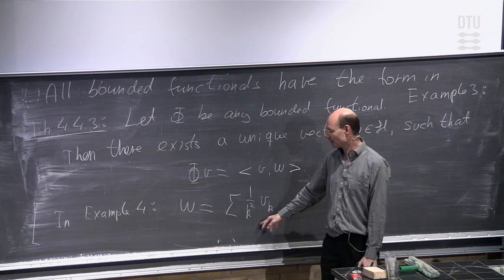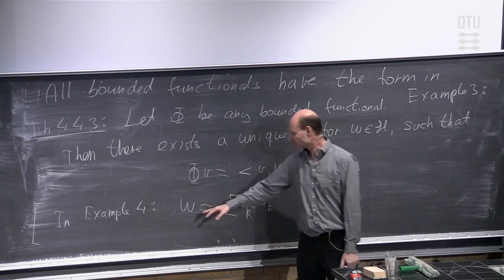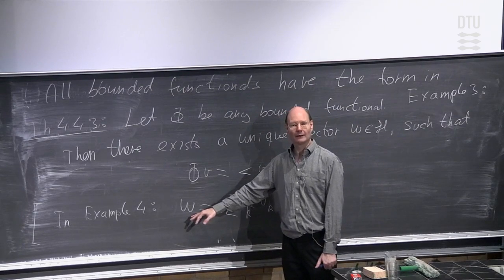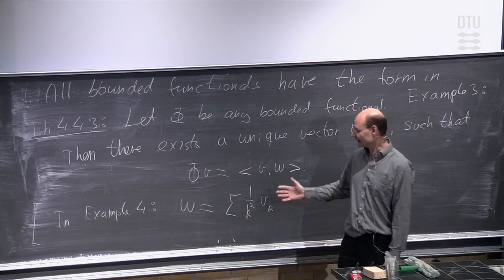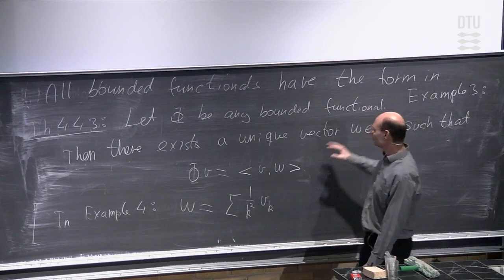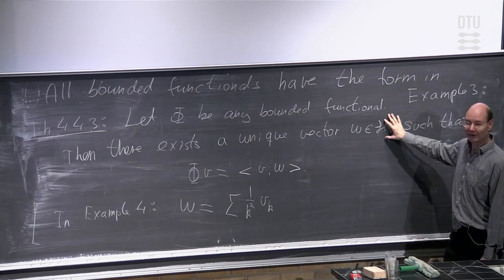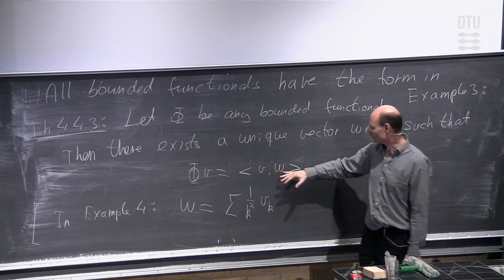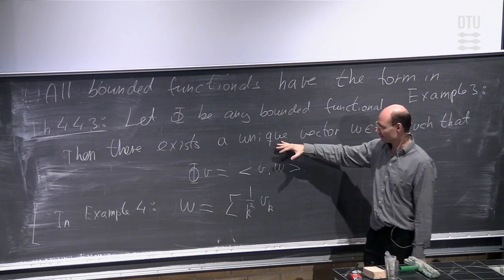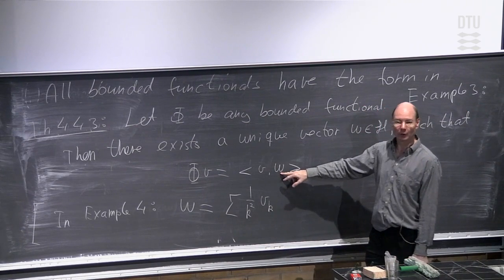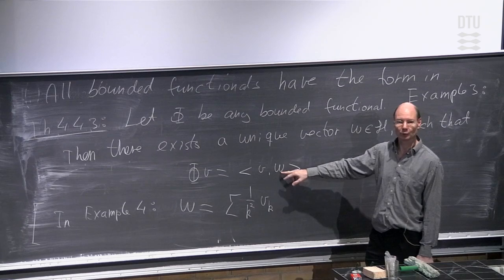So in this example, it is possible more or less to guess how this vector would look like. There are much more complicated cases where you cannot just guess how the vector would be. So the important statement here is that you can always find one vector W such that the functional takes this form, and moreover, it is unique. That means there is only one choice of your W that you can put in here.